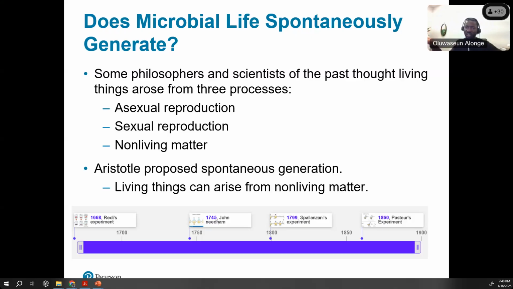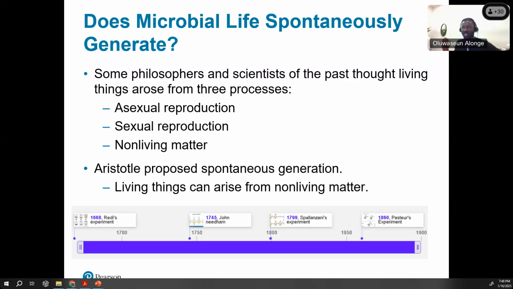Some of them do asexual reproduction, some of them do sexual reproduction. Then the third one, which is the questionable one, is non-living things. So they are saying that microorganisms could arise from asexual reproduction.